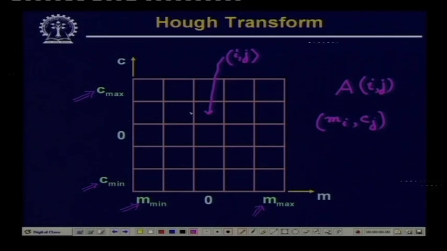So, an accumulator cell i j having an accumulator value A i j corresponds to the parameter values m i and c j. And for implementation, what we do is we initialize each of these accumulators to 0. So, initially A i j is set to 0, and that is our initialization.